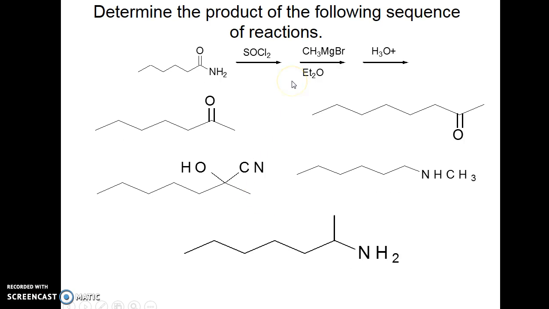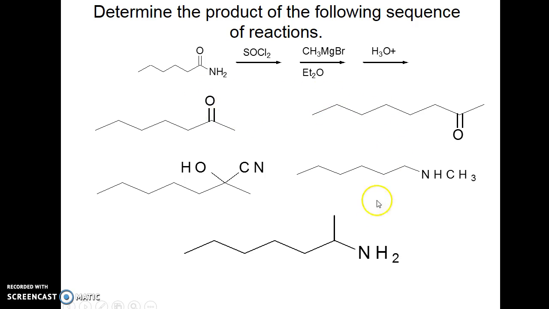What's the product of these reactions? Well, if I treat this with thionyl chloride, it'll make a nitrile. If I treat the nitrile with methyl magnesium bromide, it would make the methyl ketone imine. And then washing with acid would take it to the methyl ketone.